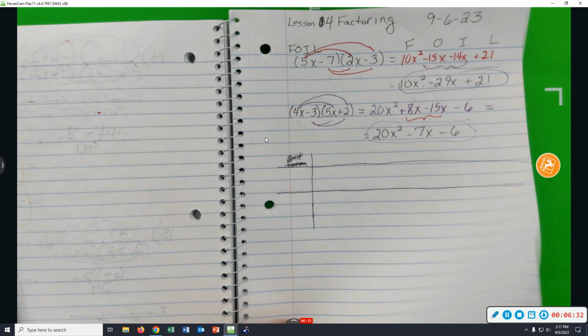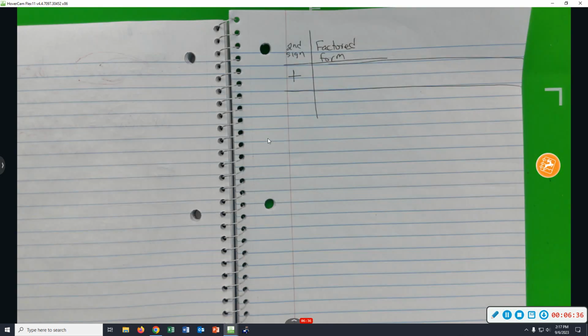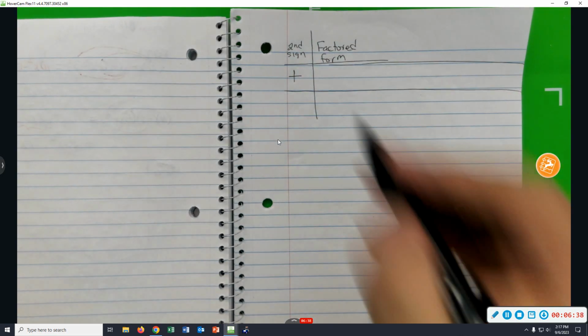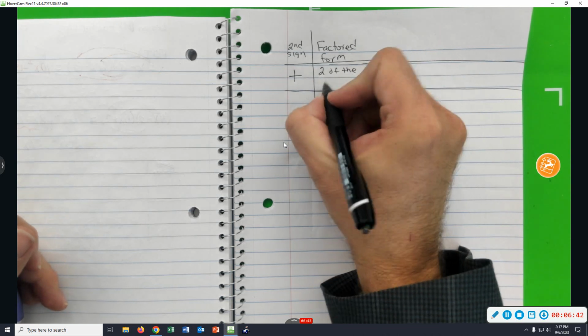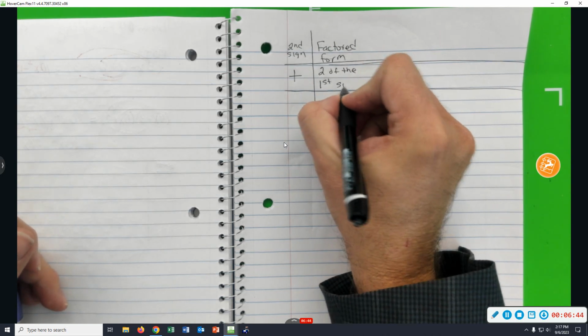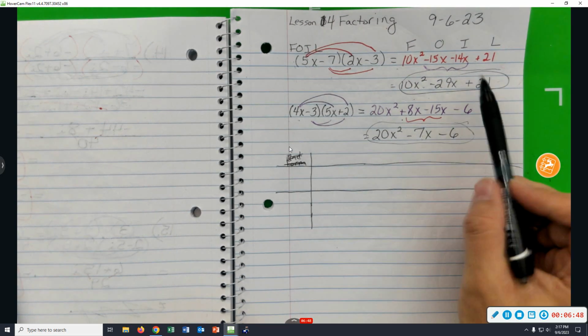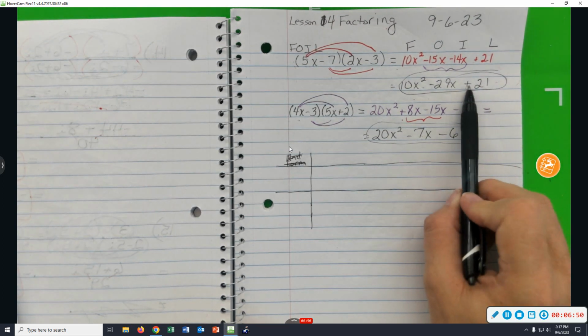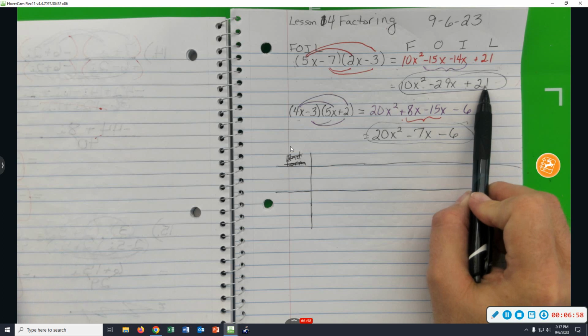So, if the second sign is plus, your factored form has 2 of the first sign. Why am I saying that? Well, if we needed numbers that multiply together to give a positive 21, what type of numbers multiply together to give a positive?